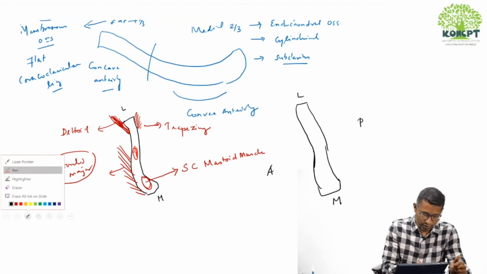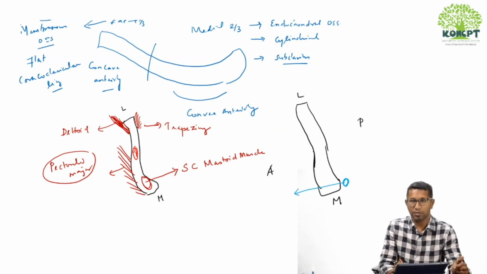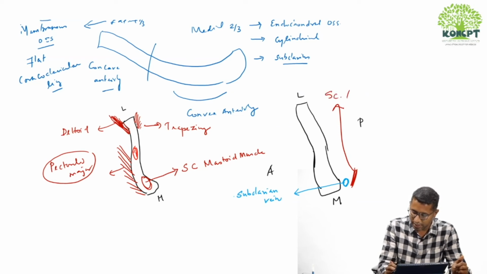If you look very carefully, just posterior to the medial end of the clavicle, there is one important structure running, and this structure just behind the medial end is the subclavian vein. Just posterior to the subclavian vein, you get a muscle which gets inserted into the first rib, and this muscle is called the scalenus anterior muscle.